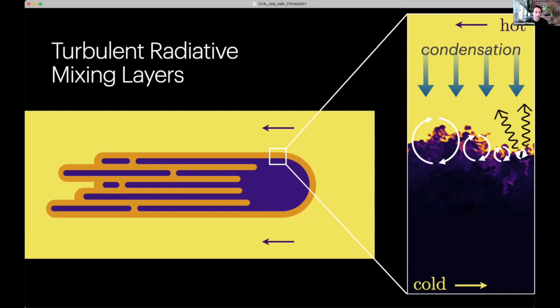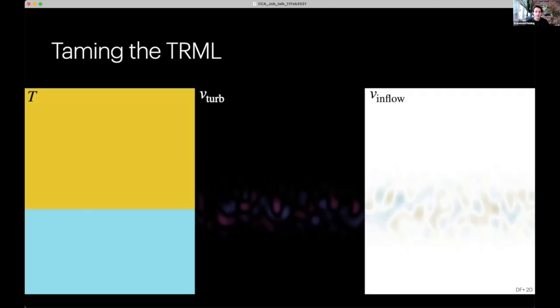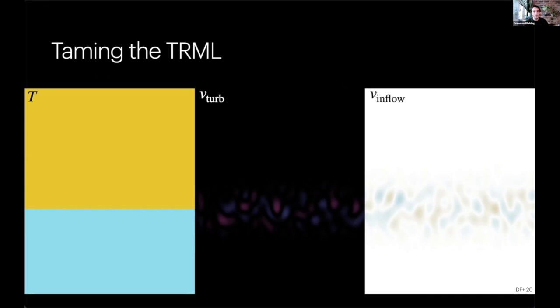And so we can see this in practice here, looking at one of my simulations from a paper we put out last year. This is going to be a visualization on the left of temperature, where hot is on top and cold is on the bottom. The middle is the turbulent velocity, and the right-hand side is the inflow velocity, where blue means a flow from the hot phase into the cold phase.